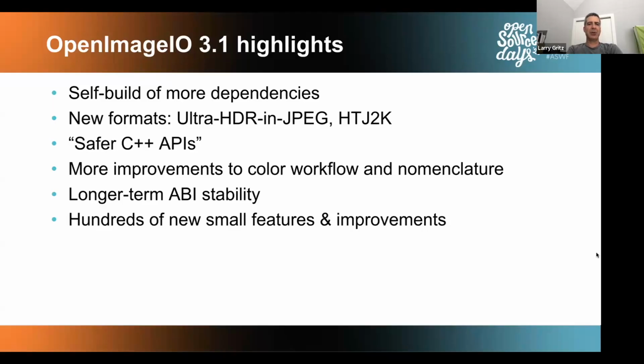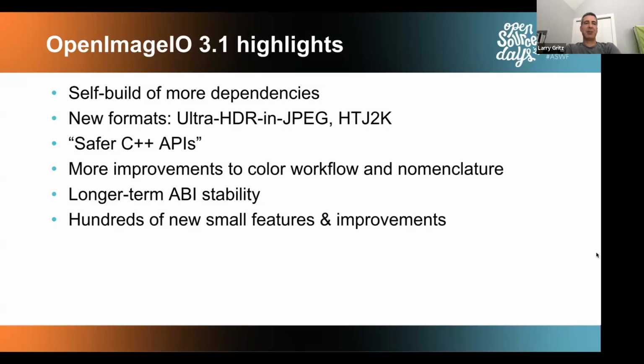We have two new file formats. One is Ultra HDR, which is technically not a new file format in the sense that it is in current JPEG files, and they can even be read as ordinary JPEGs by applications that don't know about the Ultra HDR. But the trick that it uses is that there's a data area where it has the extra information it needs for the HDR information.